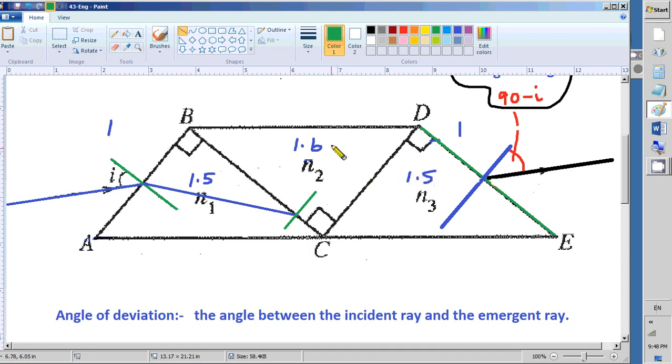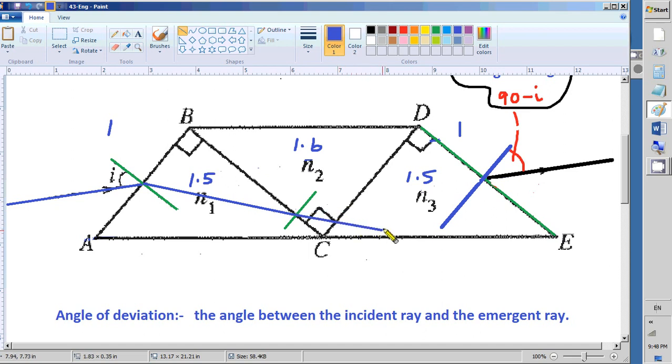So now the ray is entering again to a medium whose index is higher than early one. So then it must turn again towards the normal.